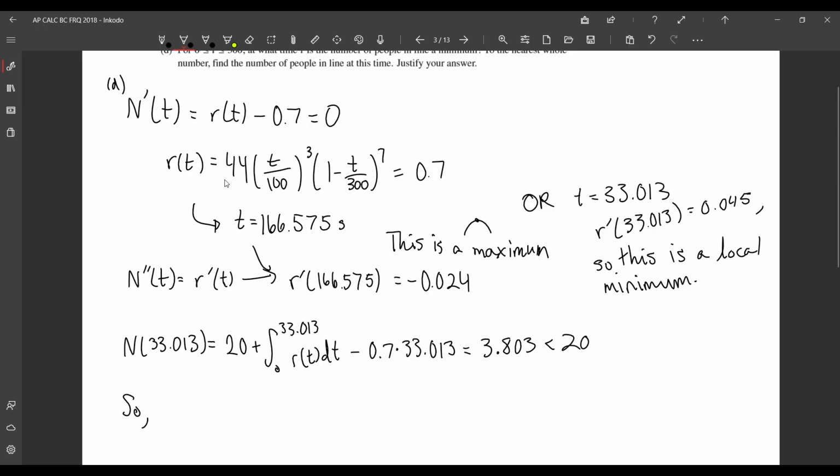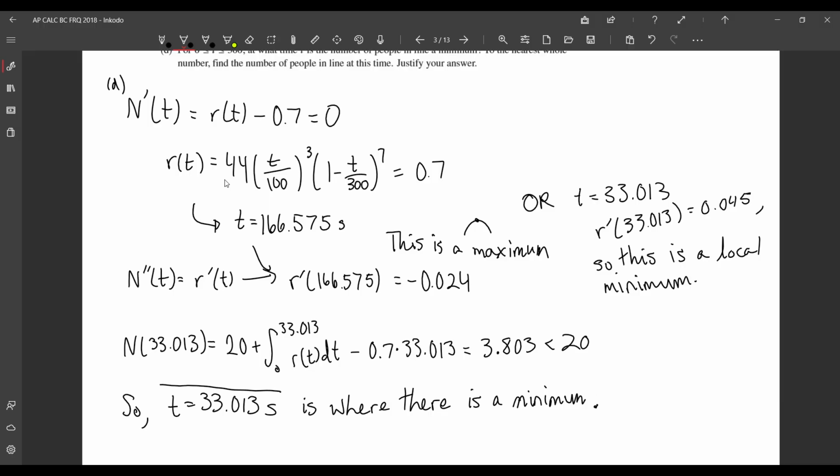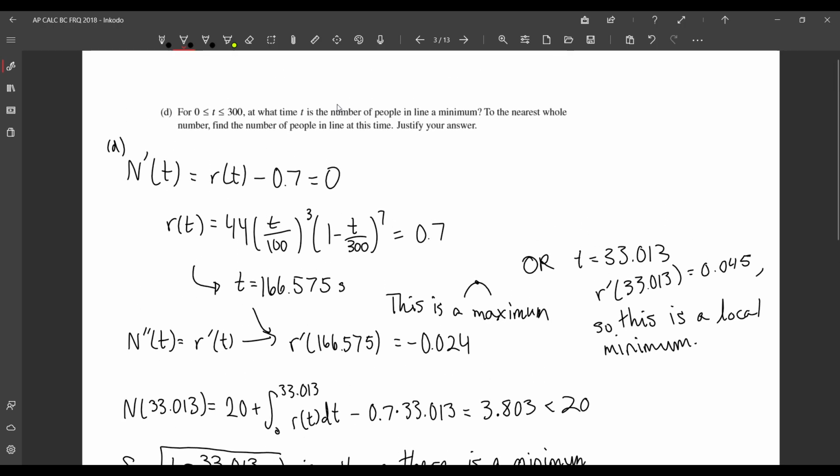So t equals 33.013 seconds is where there is a minimum number. The strategy here was, we have to find an extreme value of the number of people, which means that the derivative is equal to 0, or we have to check the endpoints as well.